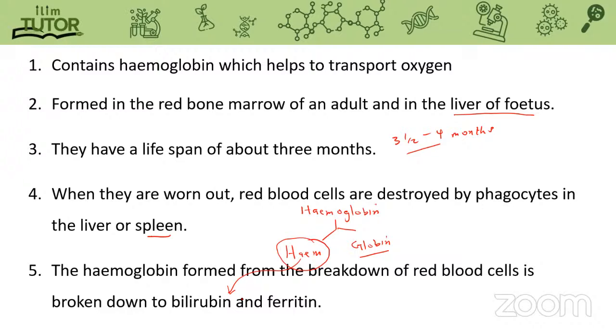And when this is broken down into heme and globin, part of the heme will obviously have to be excreted, but it would be converted, first of all, into bilirubin before being excreted via the kidneys. Like I said earlier, it makes your urine yellow. It can make the white of your eye yellow, and the bilirubin can equally find its way under your skin. Those are some of the symptoms you notice when you have yellow fever.